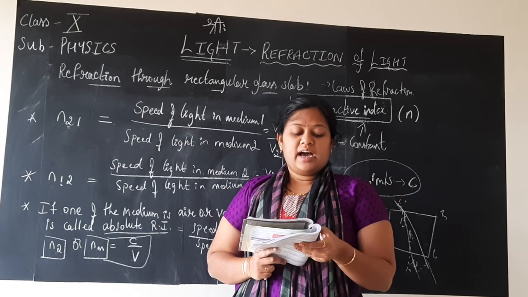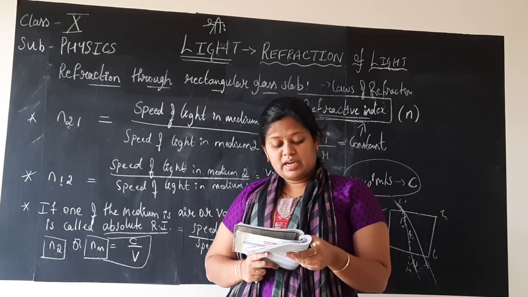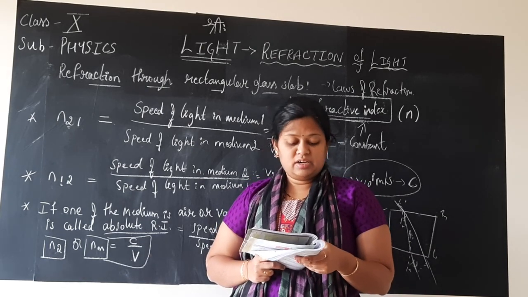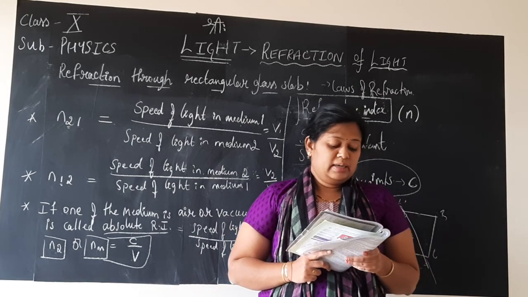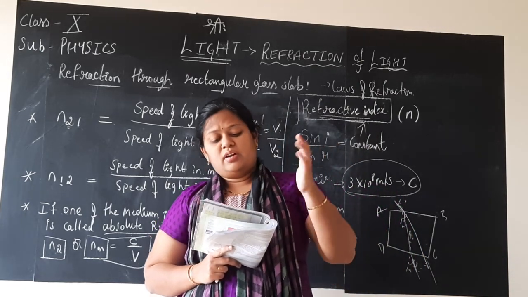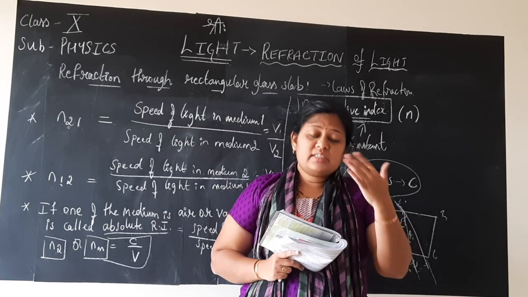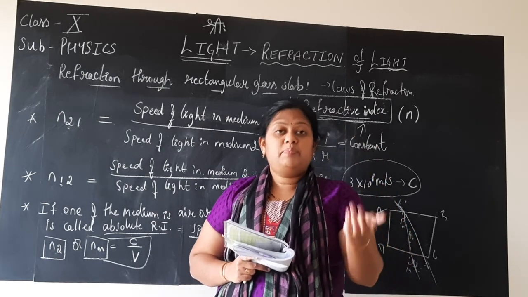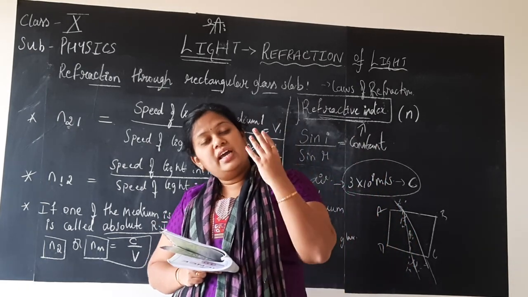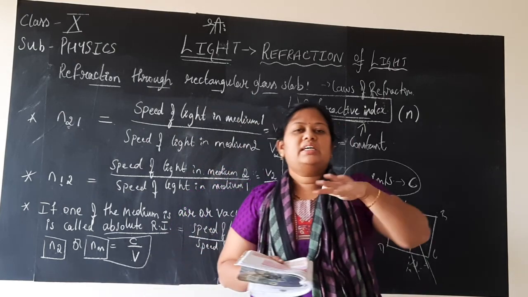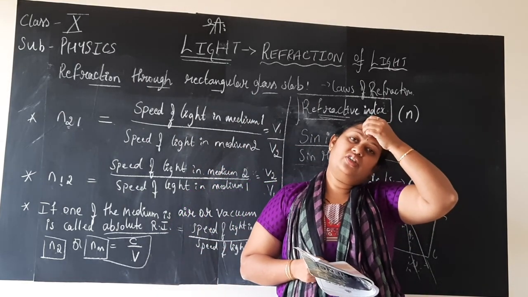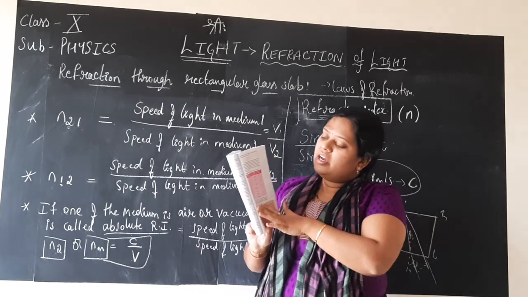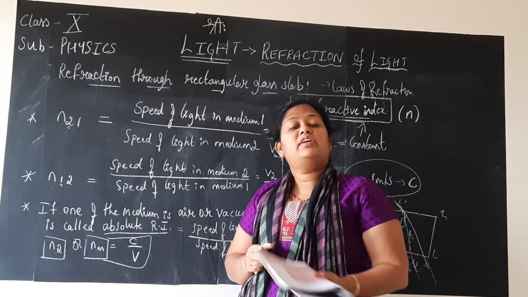Like air, ice, water, alcohol, kerosene, fused quartz, turpentine oil, benzene, ground glass, rock salt, various other media are there along with air, glass, water or vacuum. These are the basics which we usually consider, children. Like this, different media are there and their absolute refractive index values.